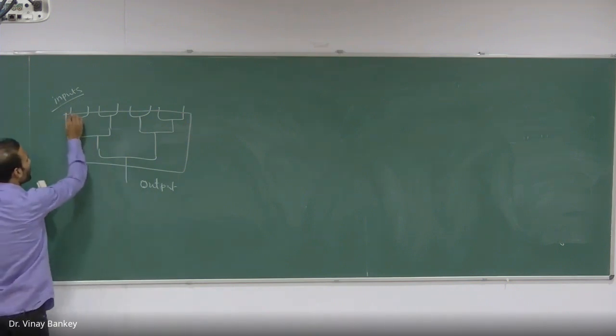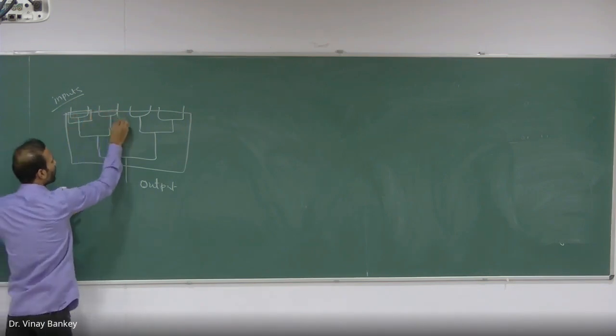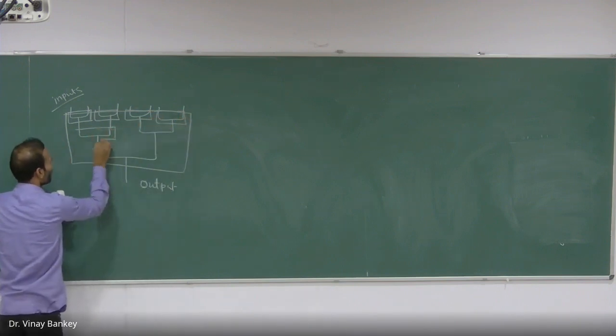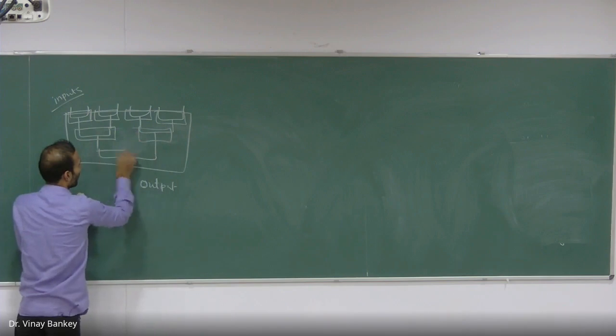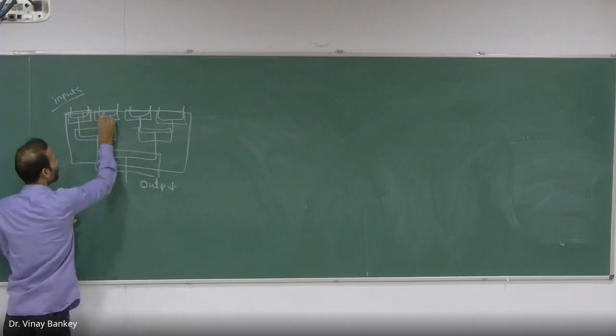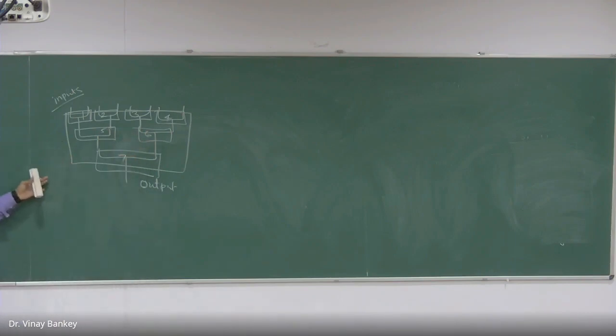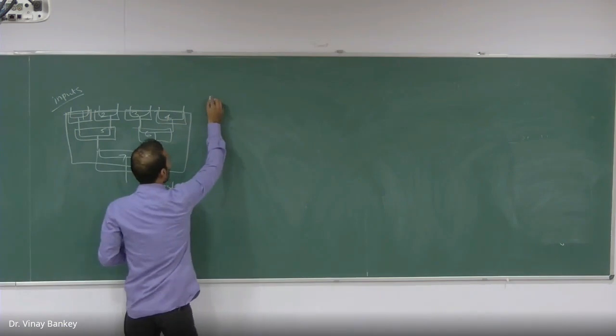However, we have used here that 2x1 multiplexer, again 2x1 multiplexer, 2x1 multiplexer, and similarly here also. So 1, 2, 3, 4, 5, 6, and 7. So you can answer also, if anyone wants to realize 8x1 multiplexer, how many 2x1 multiplexers will be needed? 7, isn't it? So we'll see this implementation.